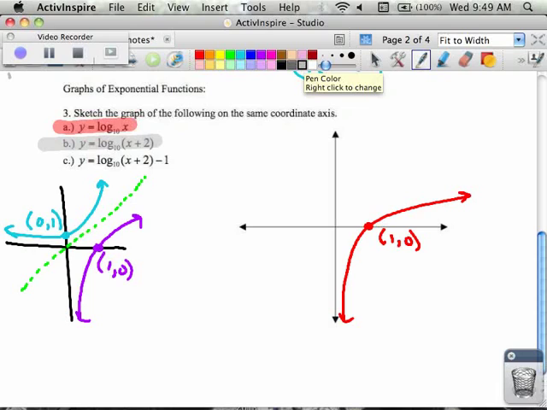So what I want you to notice is that this graph, the logarithm in red, had a vertical asymptote at x equal to 0. If I move it to the left 2, my new graph should have a vertical asymptote of x equals negative 2, because it moved 2 to the left.